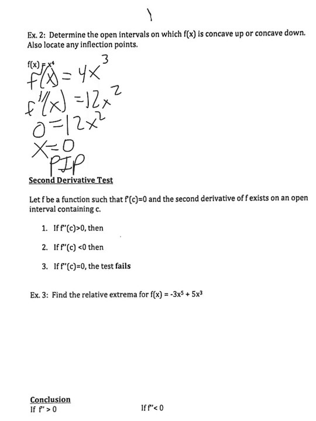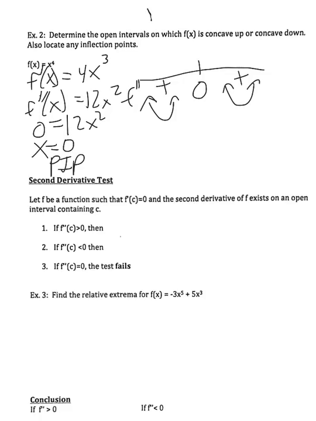Okay, so now we set up our number line. Plug 0 in, and we are testing the second derivative for concavity. So if I plug a negative into the second derivative, a negative squared is a positive, so it's positive. So concave up. And if I plug 1 in, I also get a positive.